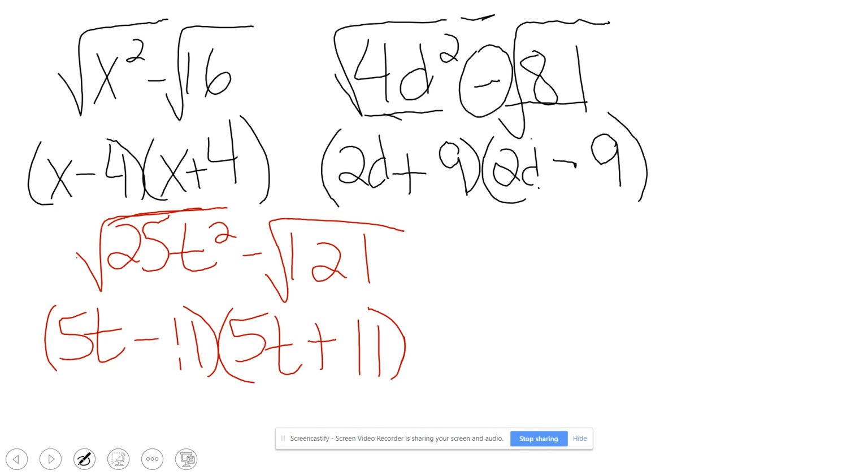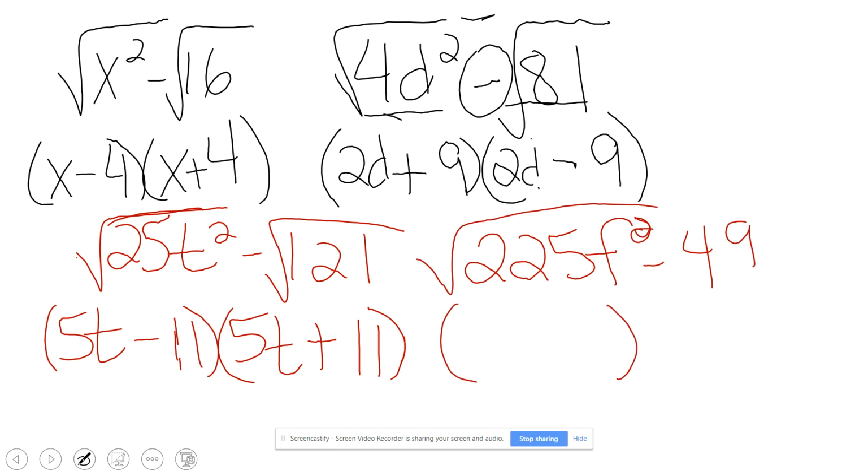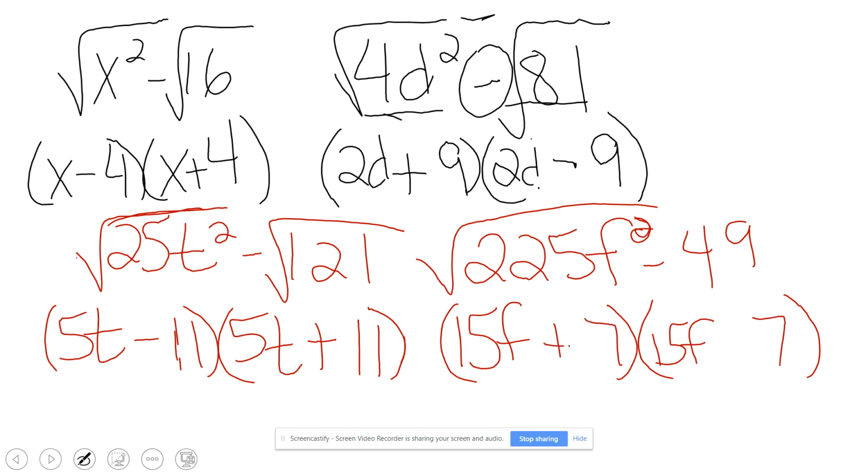One's plus, one's minus. 225f squared minus 49. Square root of 225 is 15. F. Square root of 49 is 7. One's plus, one's minus.